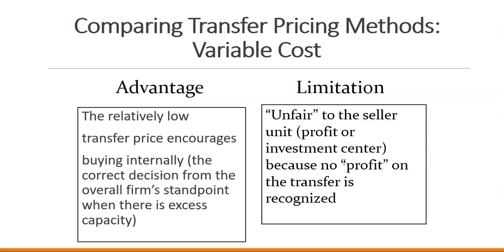So when we have more than the market's willing to buy, then this makes sense. However, it's unfair to the selling unit because no profit is recognized on the transfer, which can hurt their performance measurements because they're not earning anything on the transfer versus if they had earned something by selling it on the external market.